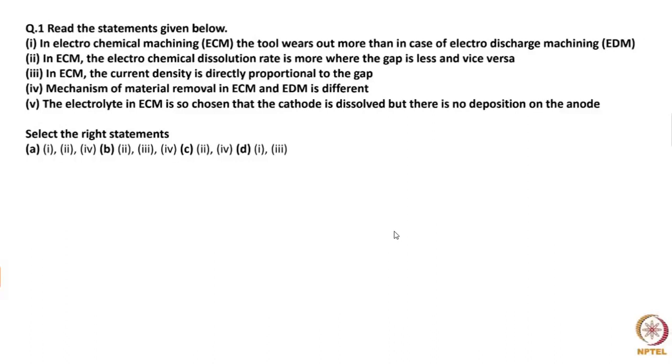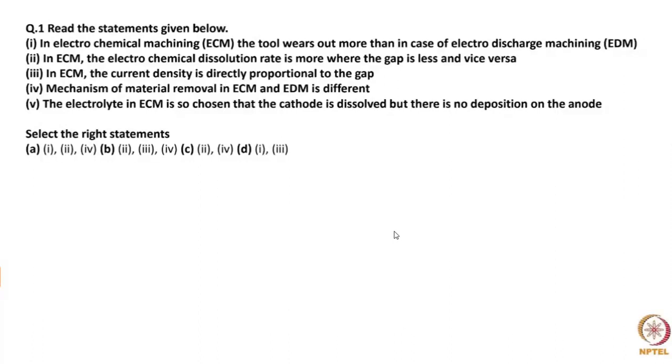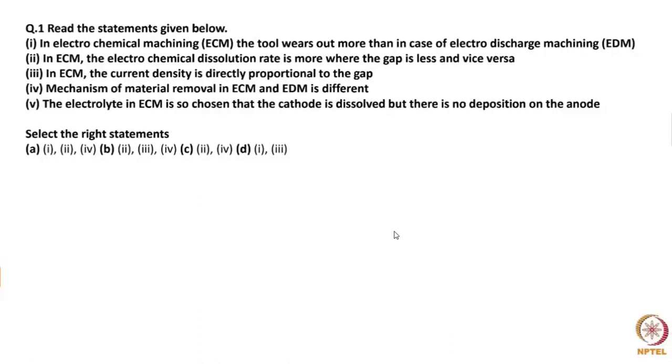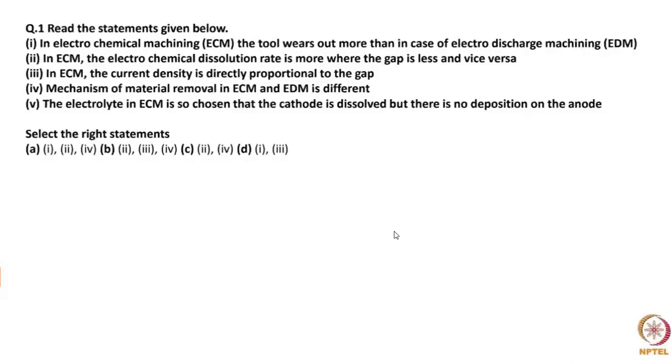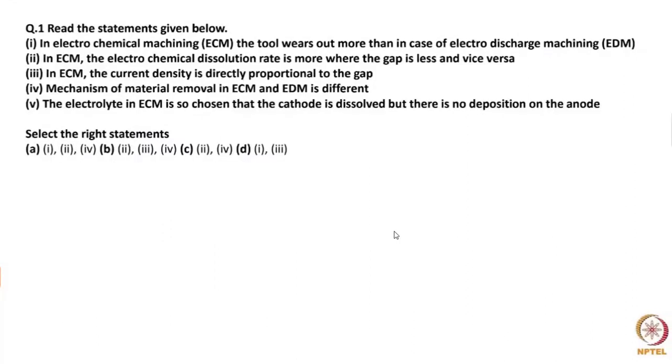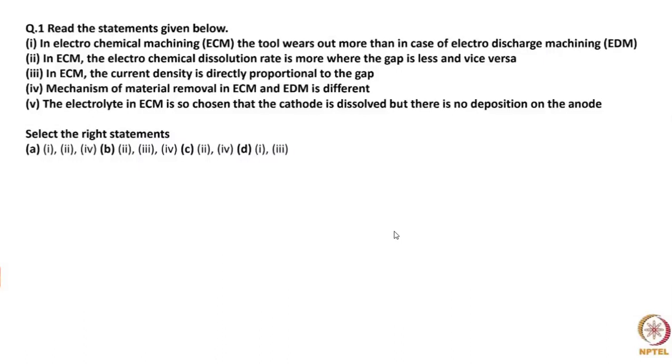So due to this motion, what happens? Larger abrasive particles get hammered onto the workpiece surface due to the to and fro motion of the tool, and due to this hammering action, the plastic deformation takes place, and material removal occurs at the surface of the workpiece.